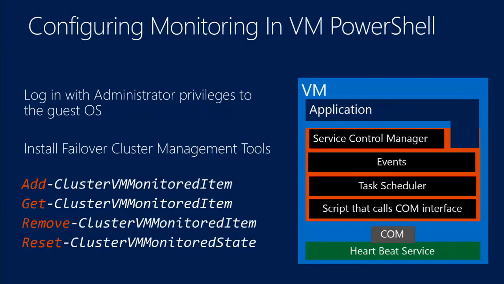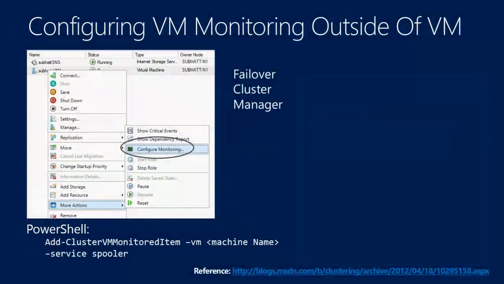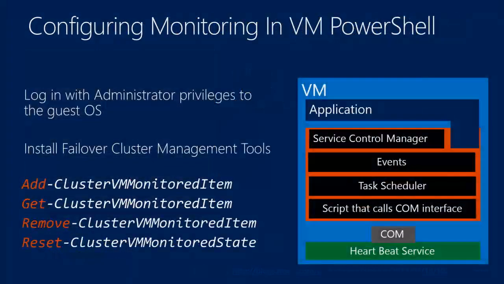Since it's a 300-level course, one of the things I'll point out is that if for some reason you're interested in knowing how that COM interface is triggered, for instance, an application itself could have called the COM interface directly if for some reason it got into some sort of state and had the ability to call it. So you can look at how we configure this. Here are our PowerShell commandlets.